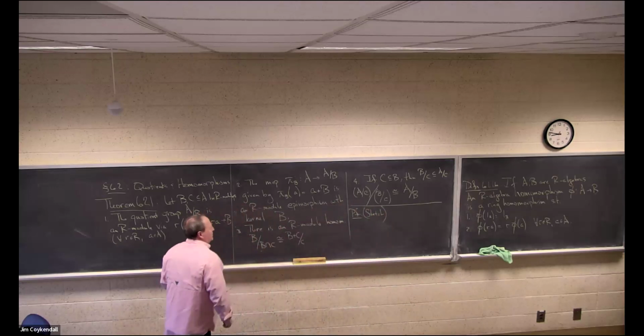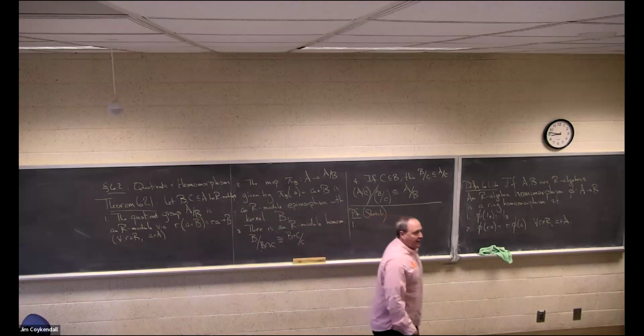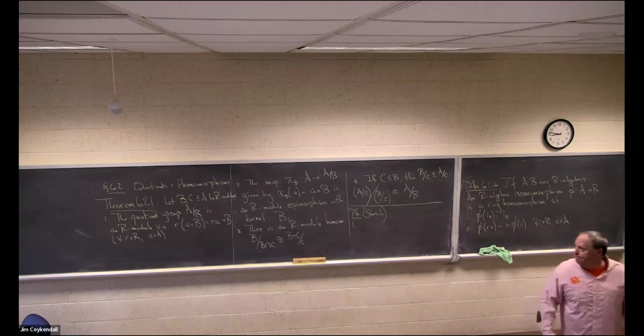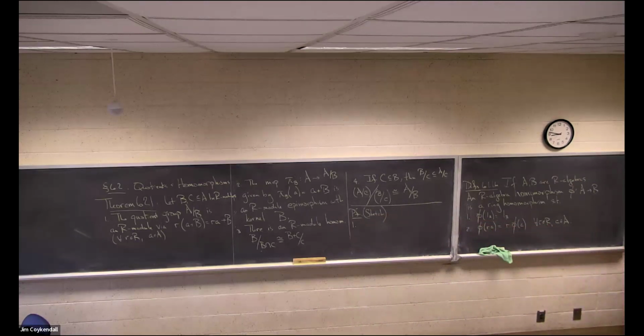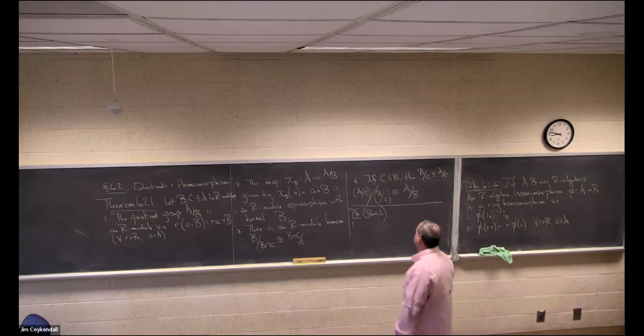Let me kind of take you through this a little bit, not too many details. Really what you need to show here for the first one, we know that A mod B is a quotient group depending on what we've done before. We need to show that this action is well defined, right?